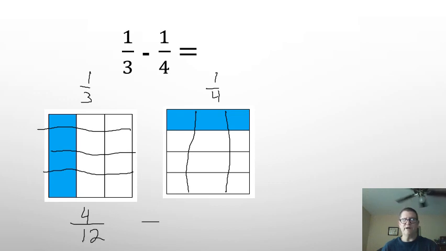And on this side, we have 3 shaded out of a total of 4 by 3, which is 12. Now remember, we're subtracting 3/12 from 4/12. So our 4/12 over here, we're going to subtract that 3/12 from it. And we end up with 1/12. So we know 1/3 minus 1/4 is equal to 1/12.